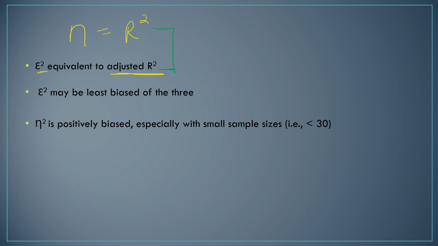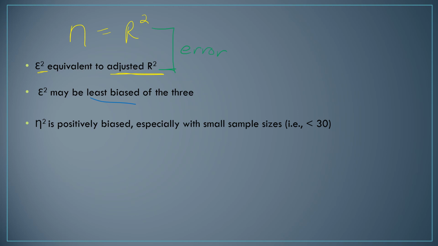Adjusted R squared is accounting more for the error that is occurring when you're doing that comparison between your expected and your observed. And so because this epsilon squared is really accounting more for this error, it is considered to be the least biased of these three most commonly used.